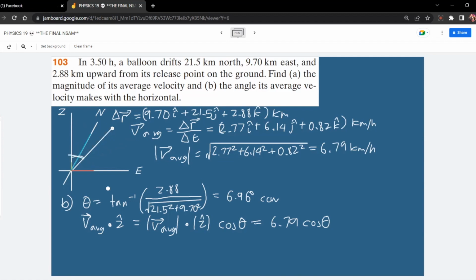So 90 degrees minus that one. Okay. Nice. So compute theta there, tapos 90 minus that. Tapos yung V average dotted with z hat is 0.82, di ba? 0.82K. So, 0.82 is equal to 6.79 cosine theta.